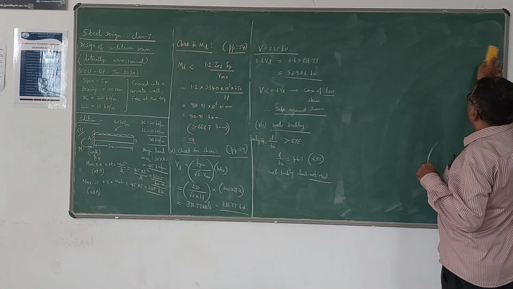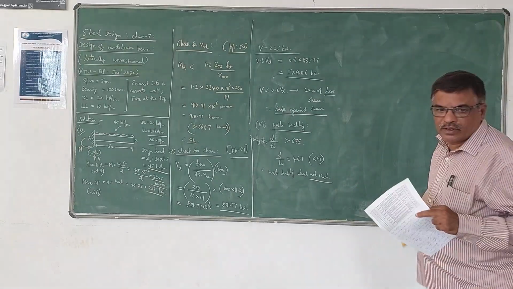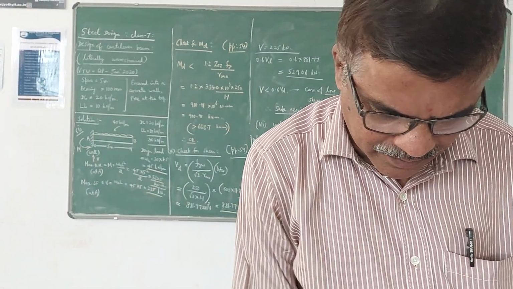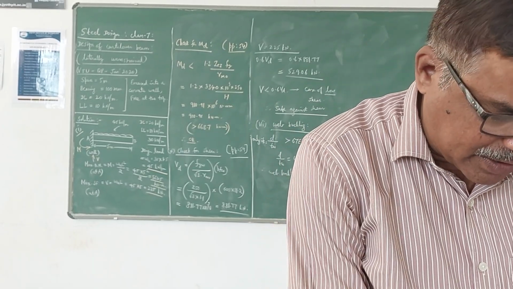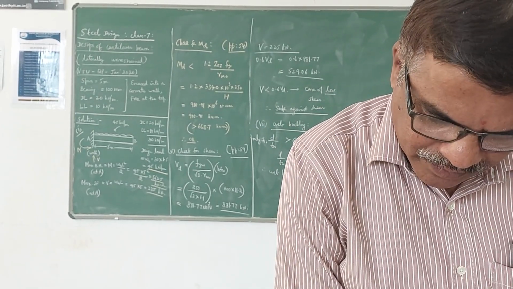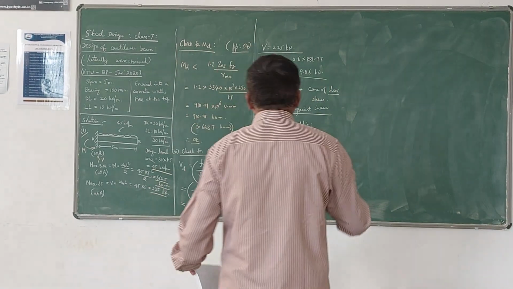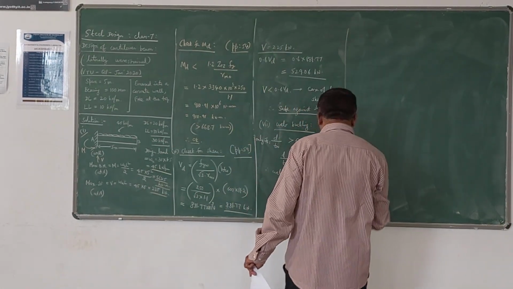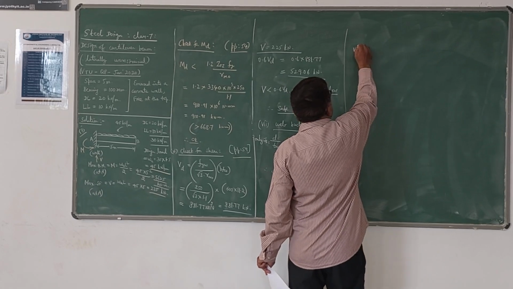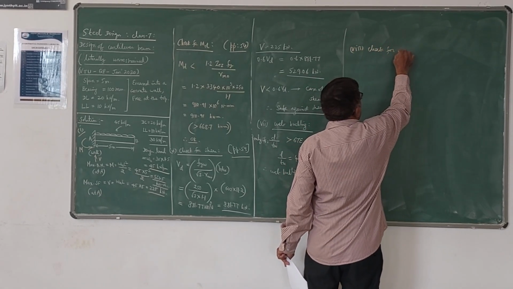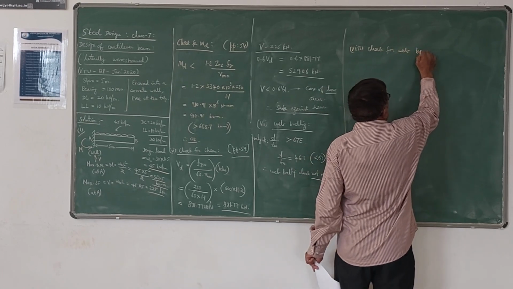So we have to check for bearing, which is available on page number 67 of the code. So last one, 8th step, check for web bearing.